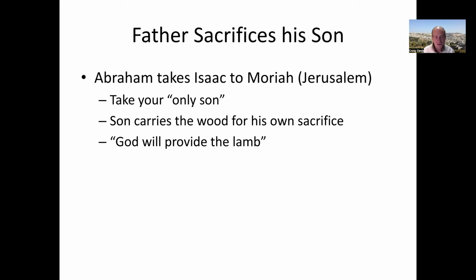Abraham says, when Isaac asks him, "I see the wood and the fire, but where is the sacrifice?" And Abraham says, "God will provide the lamb." And Abraham says this prophetically, and he's talking about Jesus Christ. If you read the story, God actually doesn't provide a lamb in Genesis 22.